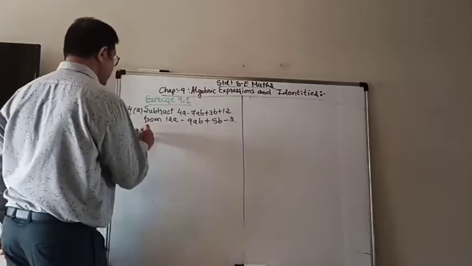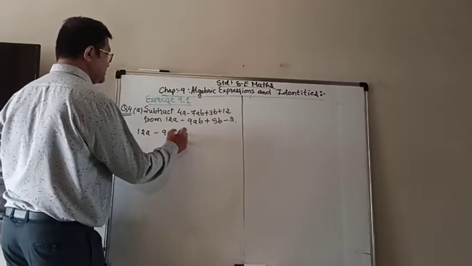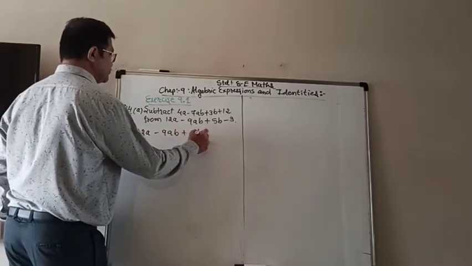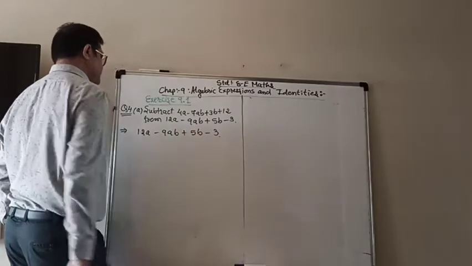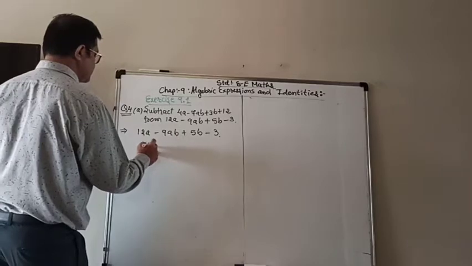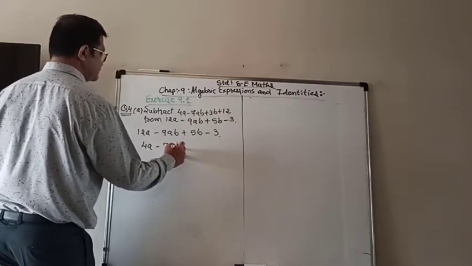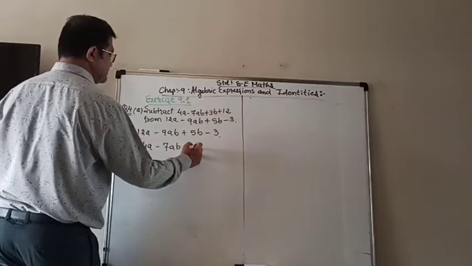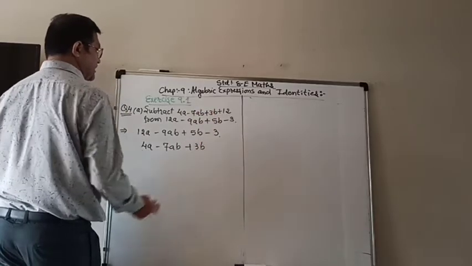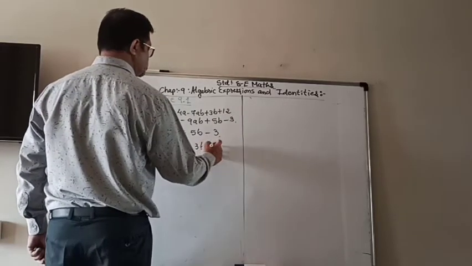So first we will write down 12A minus 9AB plus 5B minus 3. Then 4A minus 7AB plus 3B. Here you can see that like terms are there, and plus 12.